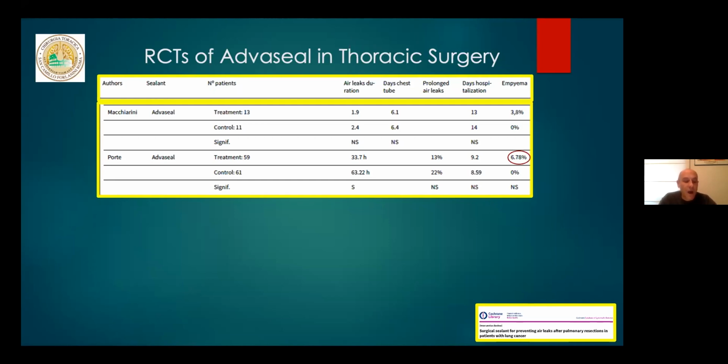In Port's trial, the mean duration of hospital stay was not different in the control and treatment groups, mainly because of a higher percentage of empyema in the treated group. Empyema could be produced because this sealant did not maintain its adhesive properties over time and acted as a foreign body in the pleural space.